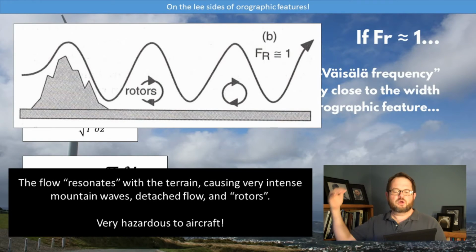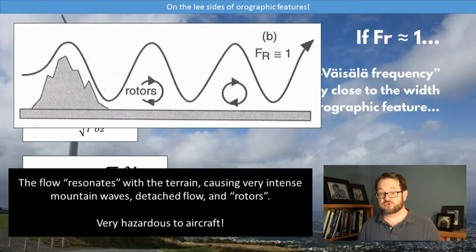As the flow produces huge waves, inside of each of those waves you're going to produce rotors, or rotor circulations. And these can be incredibly hazardous to aircraft, with big shifts in the wind with respect to height and so on. You do not want to be trying to do flight operations if there's this kind of resonating flow over a mountain range.